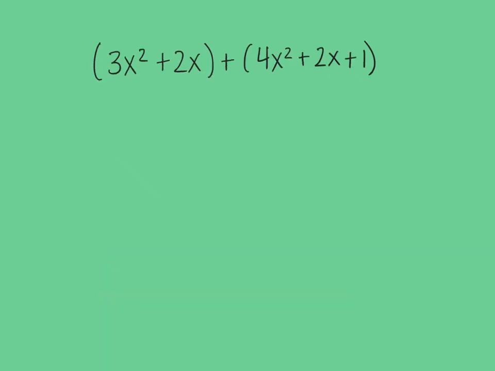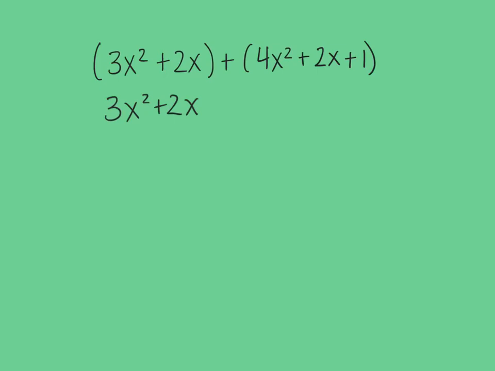Let's now look at another example of an addition problem of polynomials. So again, I'm adding, meaning that everything inside this set of parentheses here is going to be added. So I'm going to rewrite this with this idea in mind.